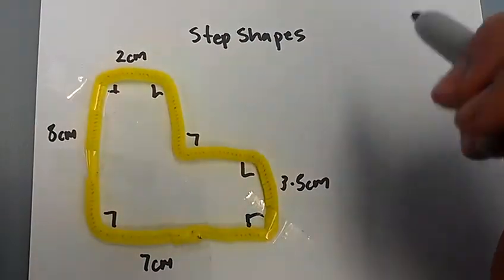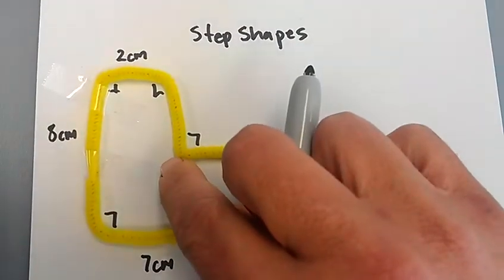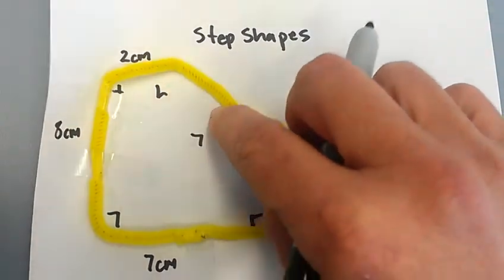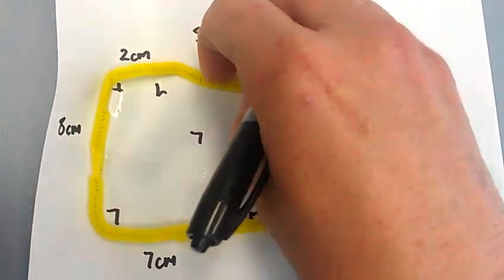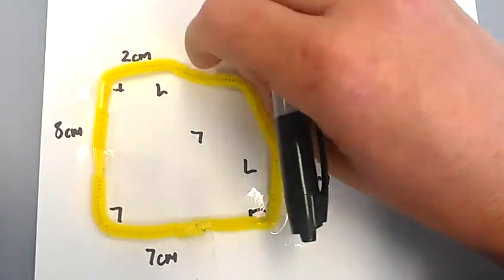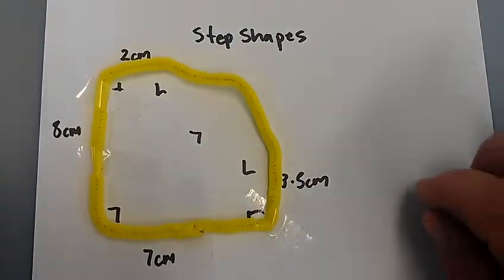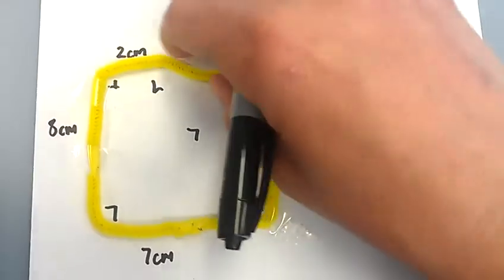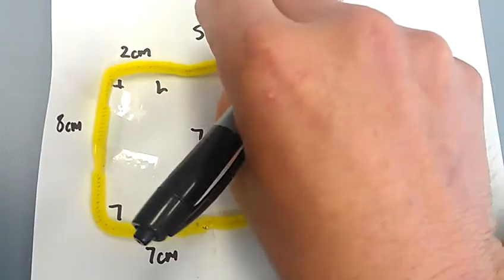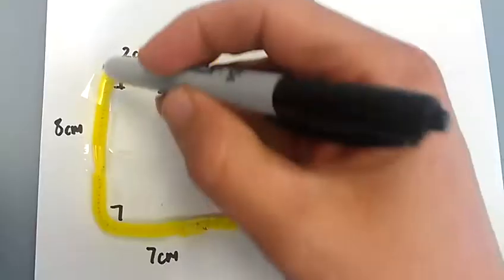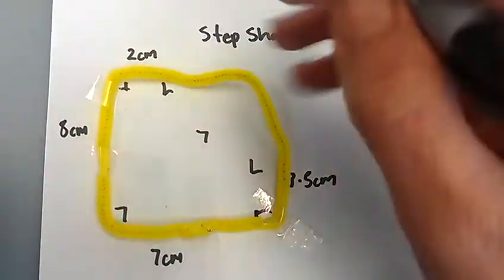But as I said, with step shapes you can do it as a cheat, because really a step shape, if I push this out, is just simply a rectangle. Okay, it's a bit wonky rectangle in this case. So realistically, if everything's a right angle in there, I've really got 8 centimetres, 7 centimetres times 2.